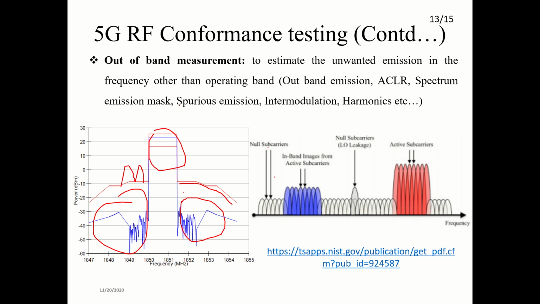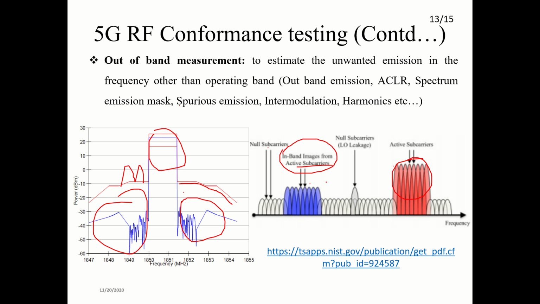You can see here in-band images from active subscribers. In-band emission has images, because it basically comes from harmonics. This is the active subscriber, but image frequencies will be there, called in-band images from active subscribers.